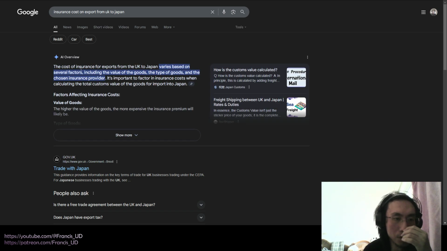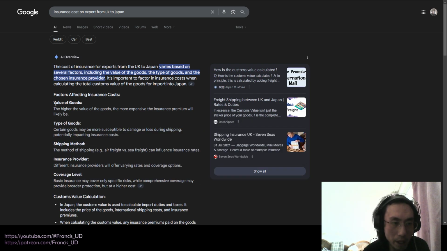The cost of insurance for exports from the UK to Japan varies based on several factors, including the value of the goods, the type of goods, and the chosen insurance provider. It's important to factor in insurance costs when calculating the total customs value of the goods for import into Japan. Value of goods, type of goods.